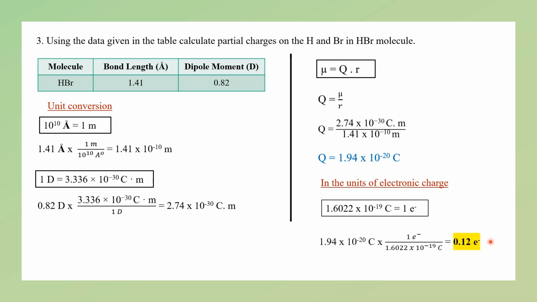This is 0.12 electronic charge. The meaning is, in the HBr molecule, the hydrogen partial charge is plus 0.12 and the bromine partial charge is negative 0.12. So these are the partial charges on hydrogen and bromine in the HBr molecule.